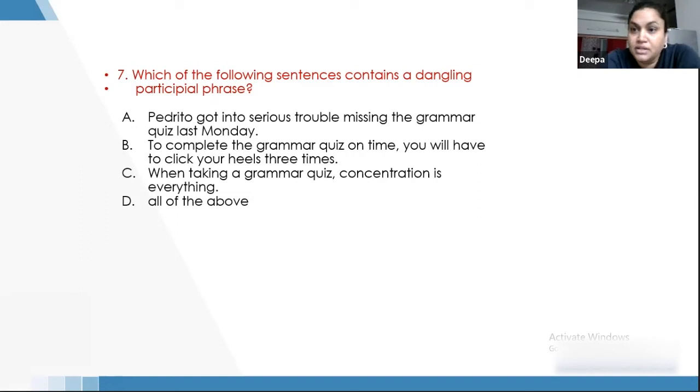Check which one has a dangling participle phrase. A is the right answer.